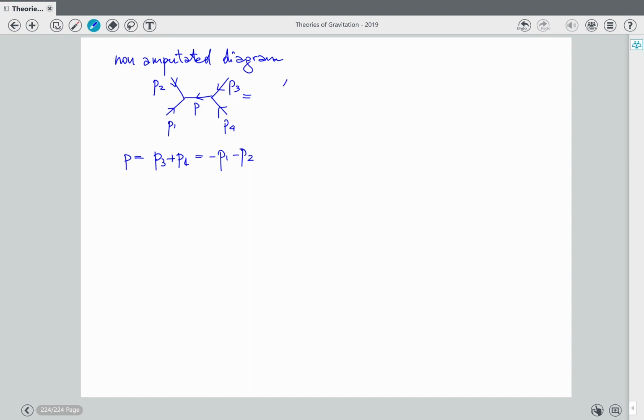Well, basically it is a bunch of propagators times the amputated diagram. So you put the propagators of everything, whatever the particles are outside, probably they are all different.